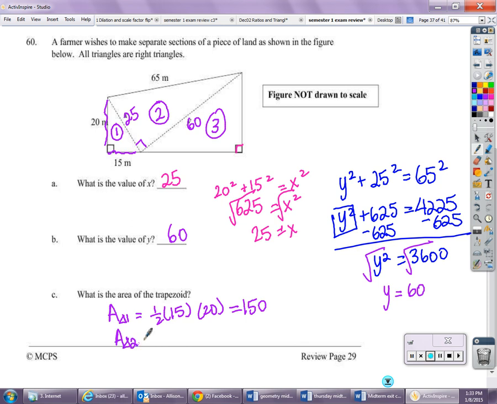Area of triangle 2. 1/2 base is 60 and the height is 25. All right. So 0.5 times 60 times 25, I get 750. Wow, that's a much bigger triangle. All right, so the area of that is 750. Now, unfortunately, I don't know the area of triangle 3.